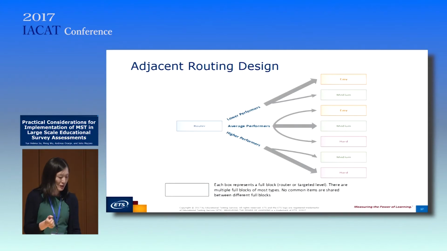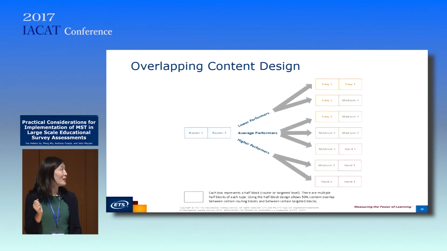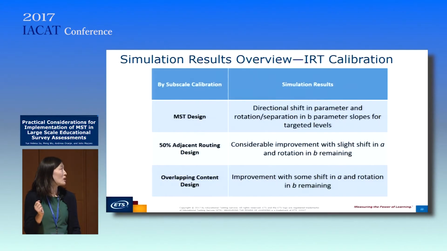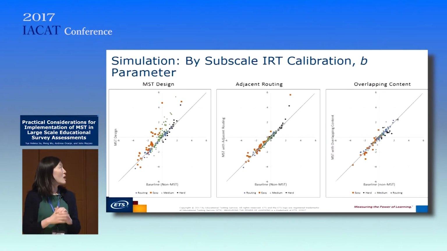There are a couple of designs which we tried, and we ran some simulations to see if it helps. I'll just quickly show you some results. From a pure MST design, we know the difficulty parameters were poorly estimated. When we increase the ability range, you can see the estimation becomes much more in line with the non-MST design. So that's a good direction to go.